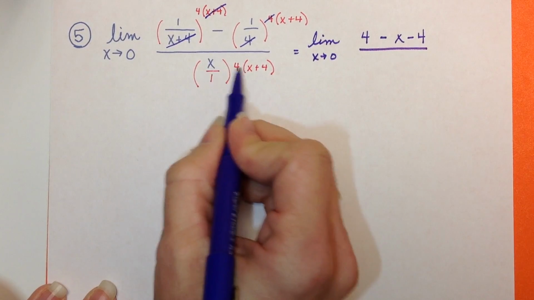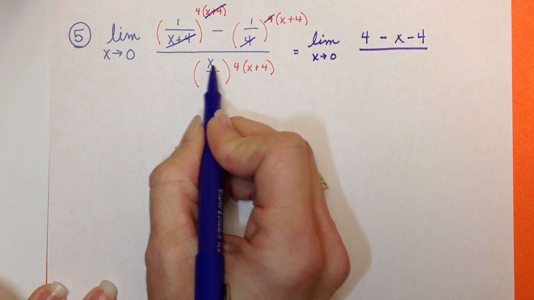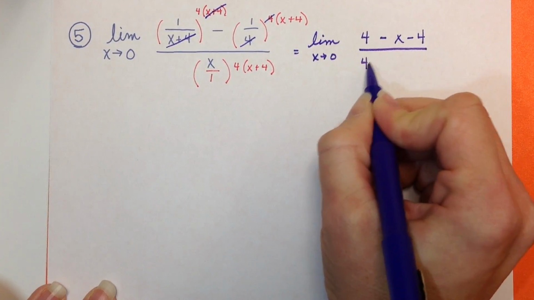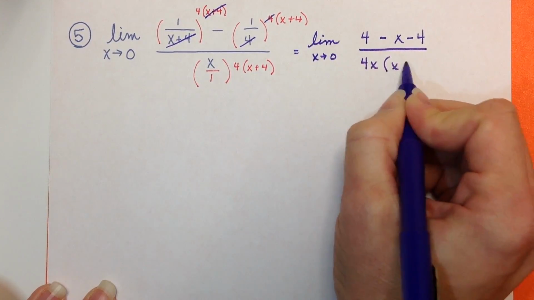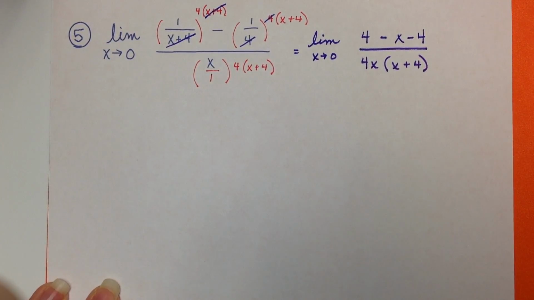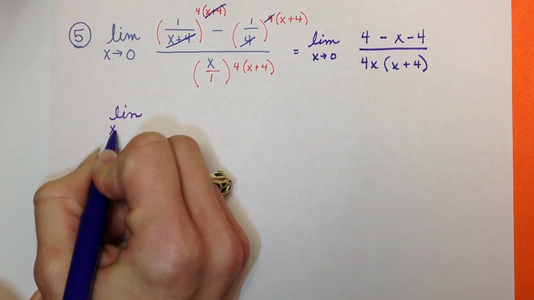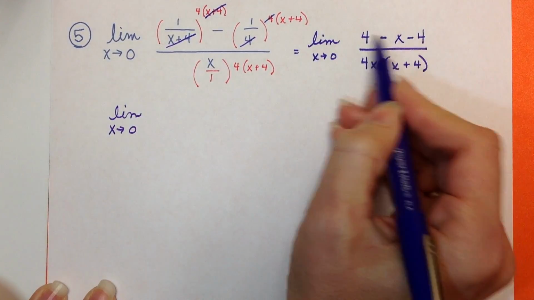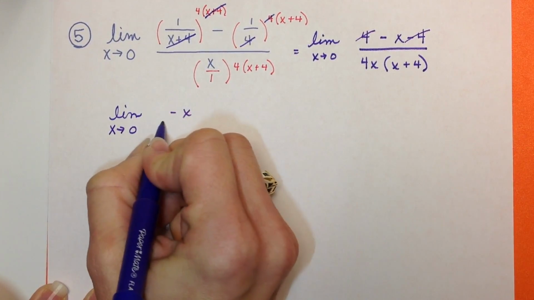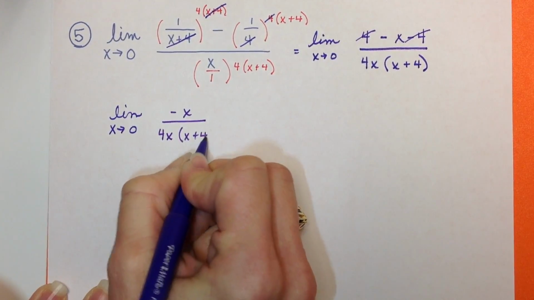Now, nothing's going to cancel here because all you have in your denominator is a 1. Again, don't multiply this out. Just leave this as 4x times x plus 4. If you multiply it out, you're just going to have to turn around and undo what you just did. Okay, simplifying what I have in my numerator, my 4's are going to add out, so I'm left with negative x over 4x times x plus 4.